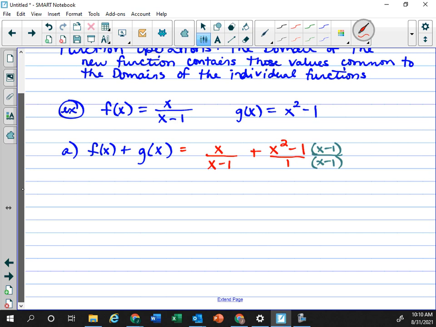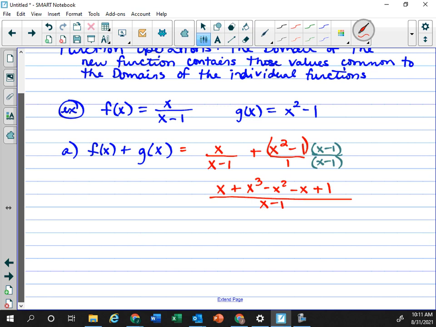So I now have x, and I'm going to go ahead and multiply that out. So x plus x cubed minus x squared minus x plus 1, all over x minus 1.